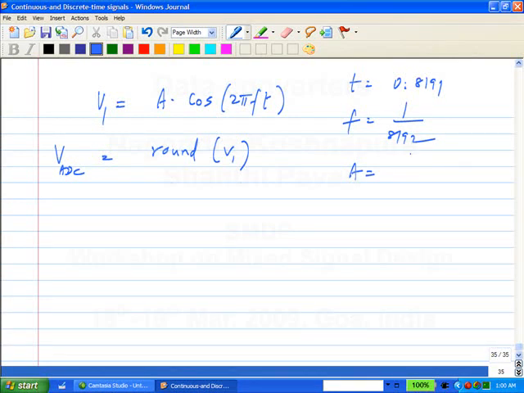Then you round it off, and you take a quantization error, which is V1 minus VADC, or the other way around, and you plot the histogram of this with proper intervals. What will be the maximum value of E in this case and the minimum value of E?